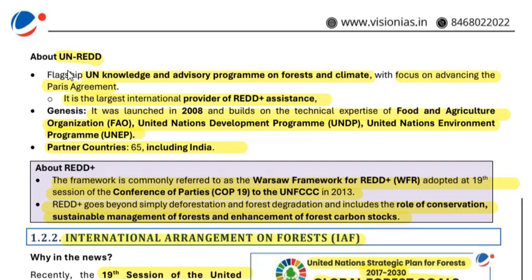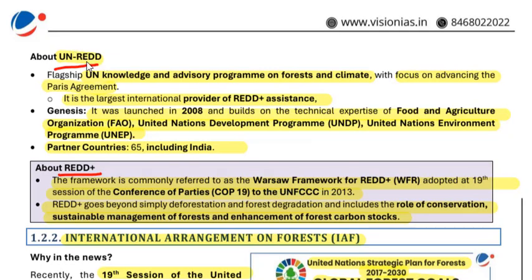Here it is given about UNREDD and REDD plus. Let's first understand the difference between REDD and REDD plus. There is too much confusion about these two terms. Are they the same or different? Let's see the word first. REDD is about reducing emission from deforestation and forest degradation.